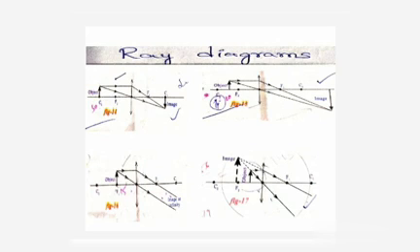Now the object is placed between the focal point and optic center. If we place an object between the focal point and optic center, we will get an image which is virtual, erect, and magnified. One ray travels parallel to the principal axis and passes through the focus, and another ray passes through the optic center.